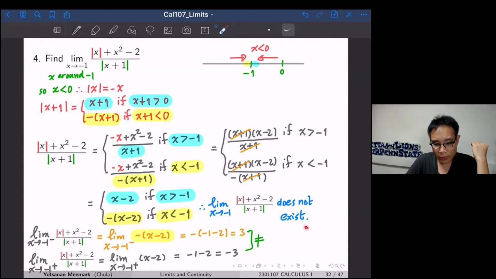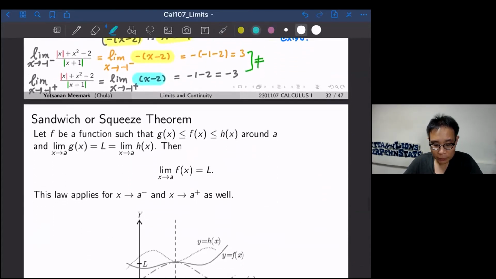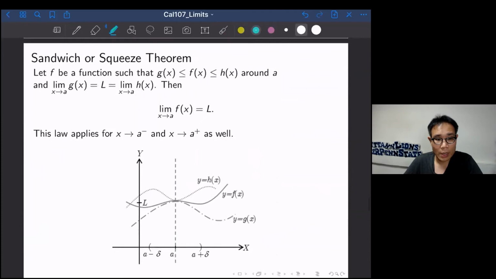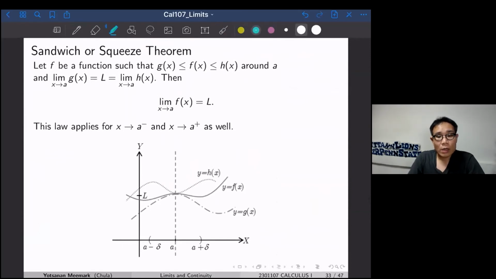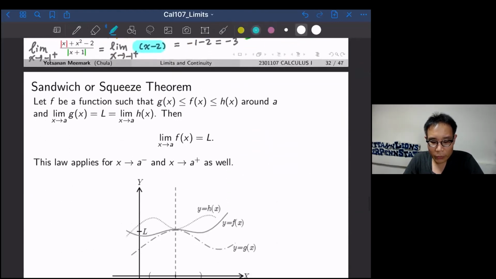Okay, and you have the limit does not exist because the limit from the left side equals 3 and the limit from the right side equals negative 3. Okay, so this is how we obtain the final answer. So we're done with the left limit and right limit.